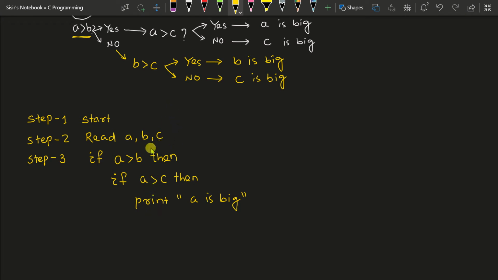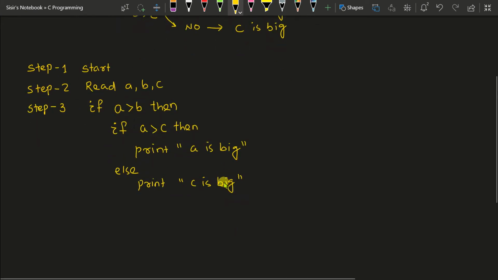Now, A greater than B, but A is not greater than C. Who is big? C is big. So for this case, A is already greater than B, but A is not greater than C, means for the else of this if. The else part of this if will say print C is big.